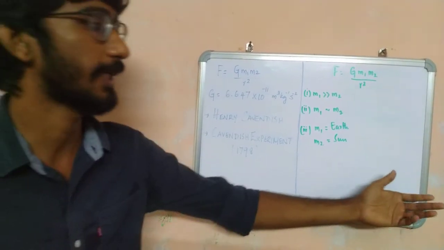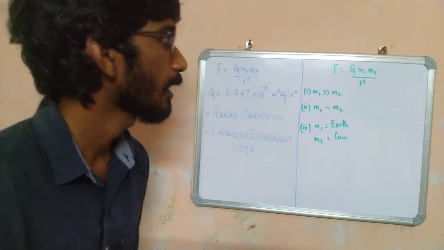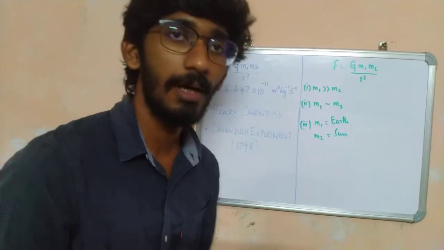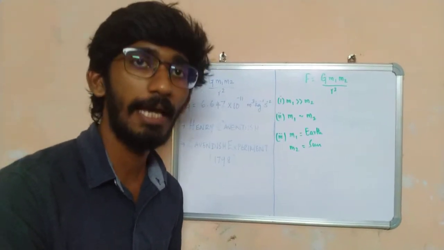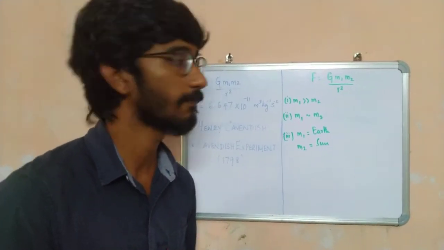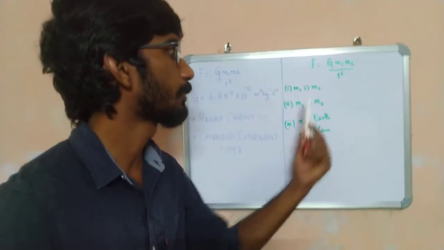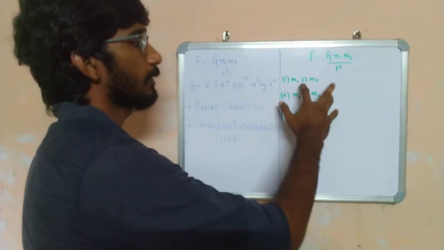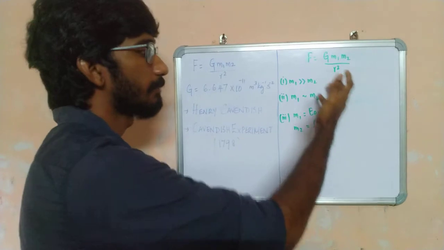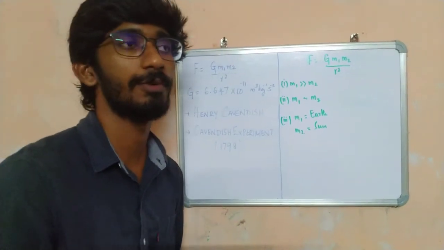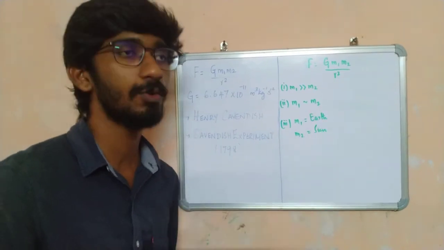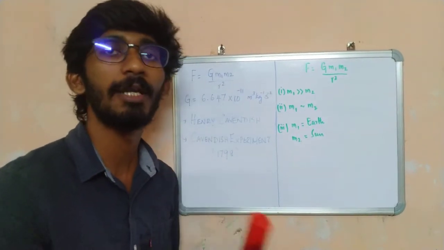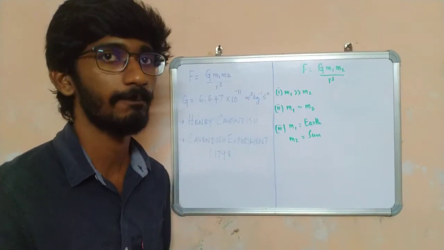Now going on to the second part of this segment. How do the masses affect the equation or the actual physical phenomenon? First, I would consider mass m1 to be hugely greater than mass m2. To give you a physical example, let mass m1 be our Earth, while m2 is some flimsy object like this pen or the apple that Newton saw fall.